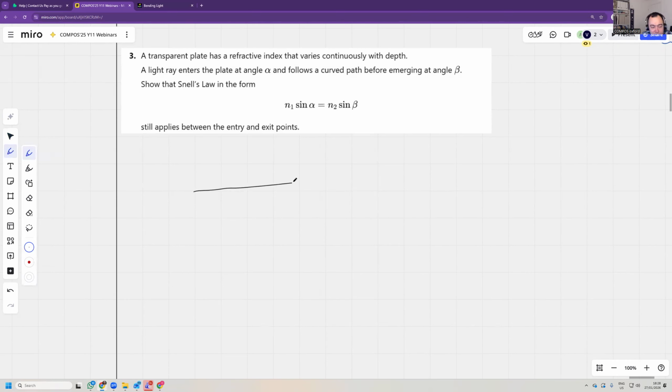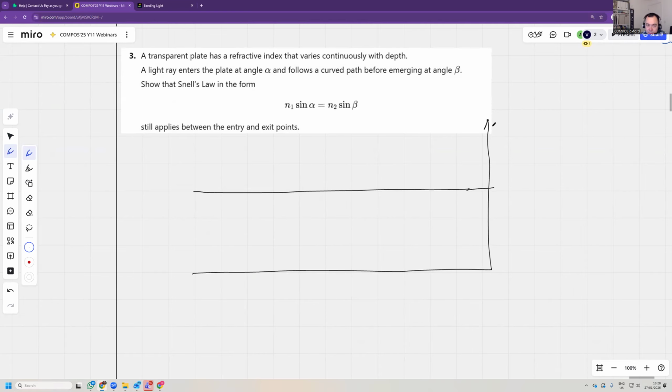So imagine you have a flat plate, and there's the depth of the plate. This is Z, this is 0, and this is H. And then at every section, N is different. N depends on Z effectively.